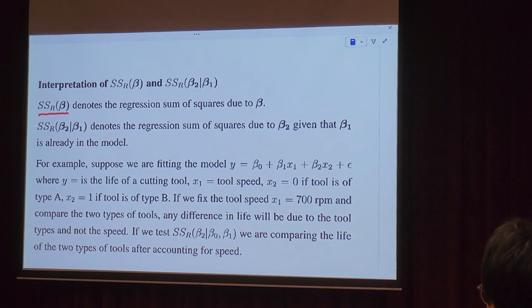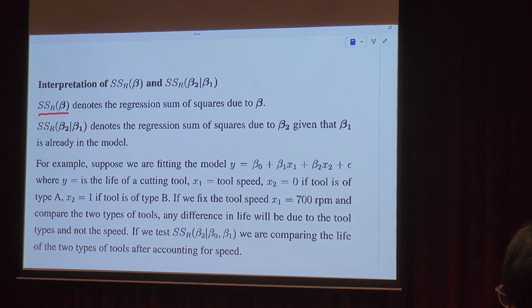If the response y does not depend on the regressor variables, then the regression sum of squares due to beta will be small. If this is small, then the sum of squares residual will be large. Sum of squares residual large means your y doesn't depend on the regressor so much.